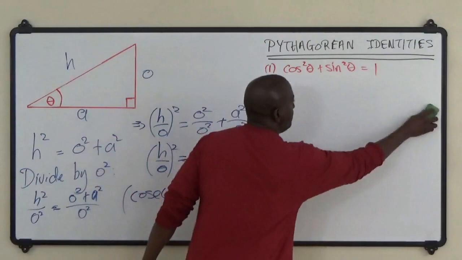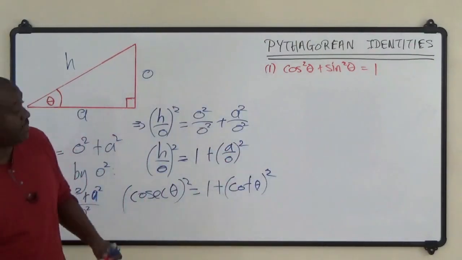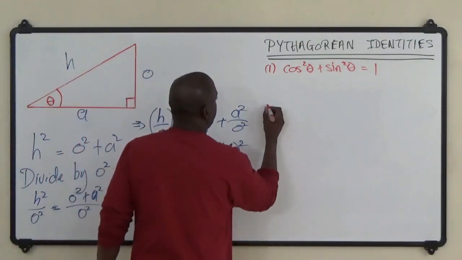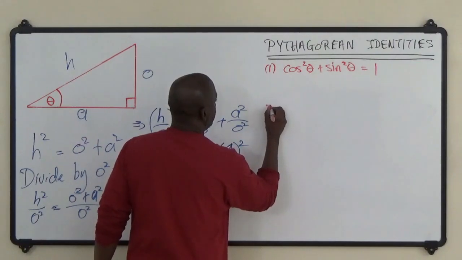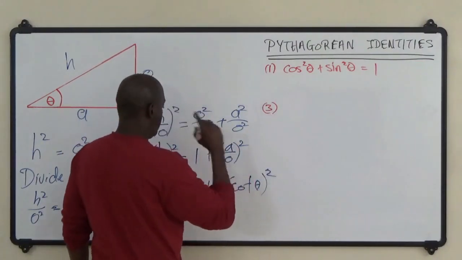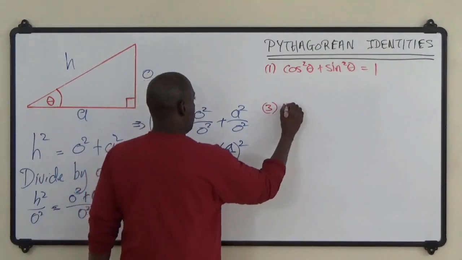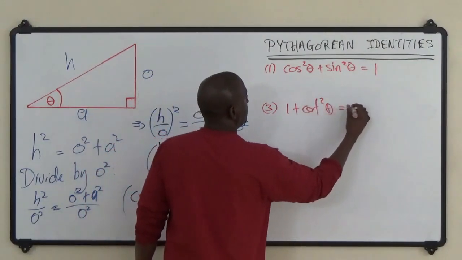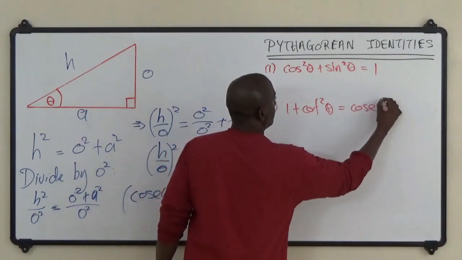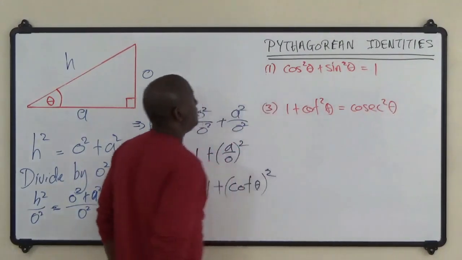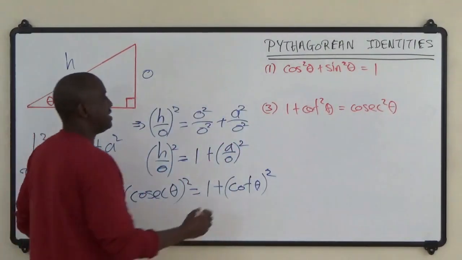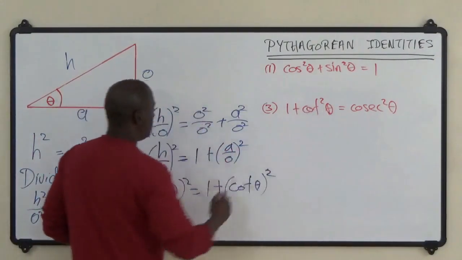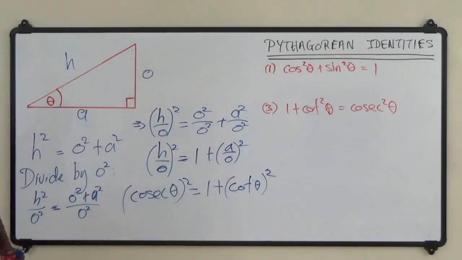It doesn't really make any substantial difference at the end of the day. So I'm putting this one in as 3, which is to say that 1 plus cot squared theta is equal to cosec squared theta. That's Pythagorean identity 3. So let me go to Pythagorean identity 2 now.